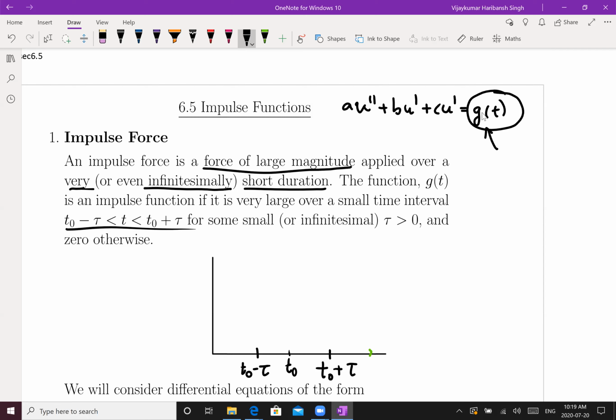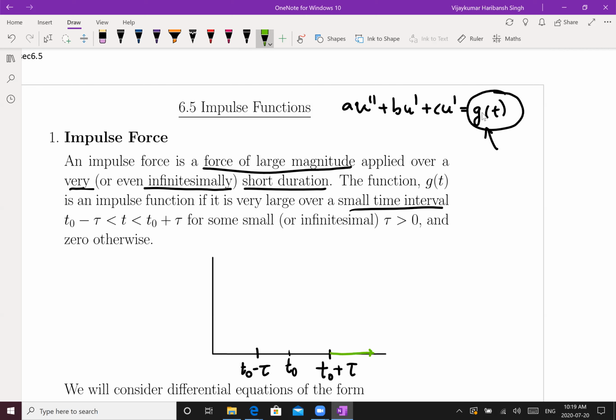So the function g of t is an impulse function if it is very large over a small interval of time. Let's say the time interval is some t naught, going from t naught minus tau to t naught plus tau. The graph of the function will look like this.